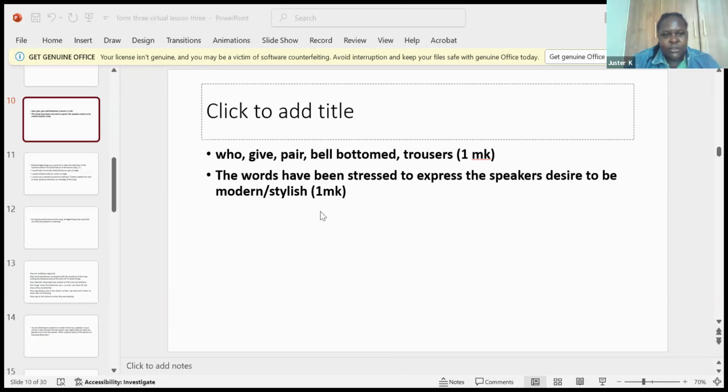And by giving the reason, you must mention the meaning that they help to bring. Like in this case, it is to bring out the speaker's desire to be modern and stylish. Mention all the content words that are to be stressed, and then give the meaning, what they are being stressed to emphasize, so that you can score full marks.